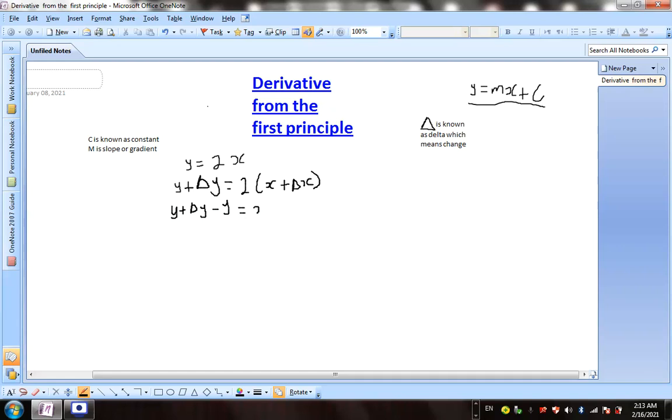So here we have 2 in bracket x plus dx minus 2x.